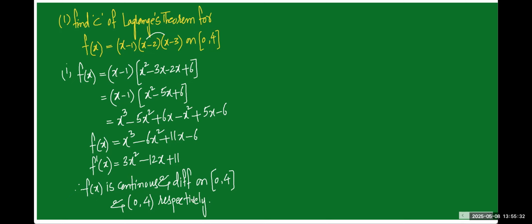So after that, what to do? Directly we can use it now, because conditions are satisfied. Condition number 1 and condition number 2 both satisfied. So what to write here?